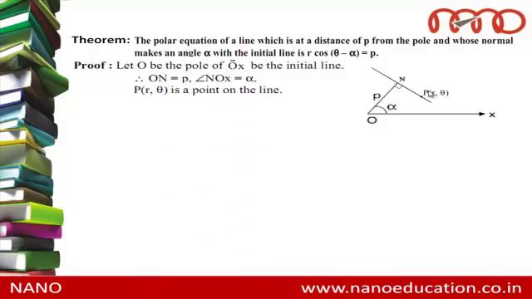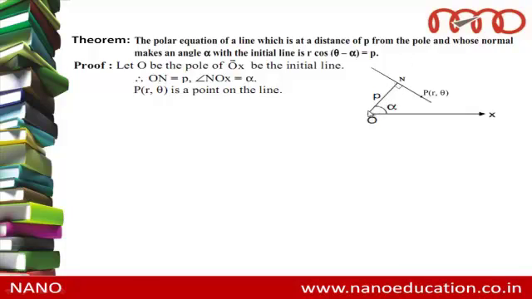Now take any variable point P (r, theta) on the line. So OP will be r and angle POX is theta. Then if you observe the triangle ONP, it is a right angle triangle.